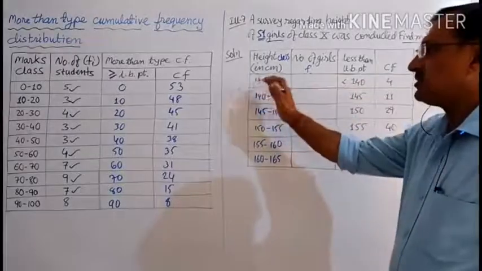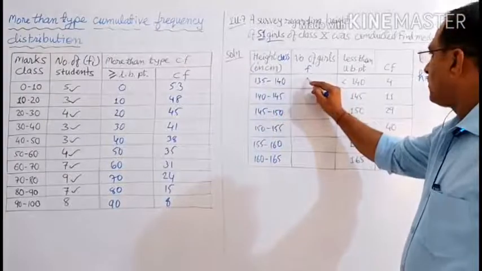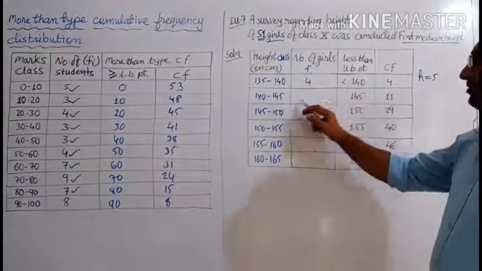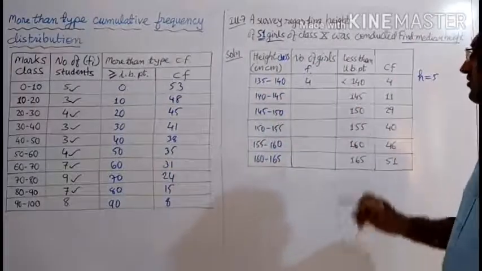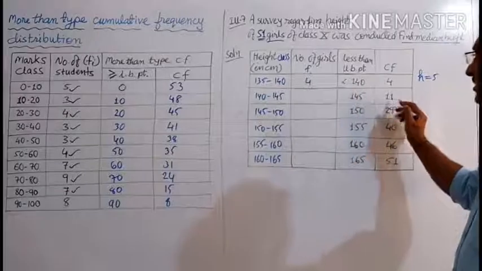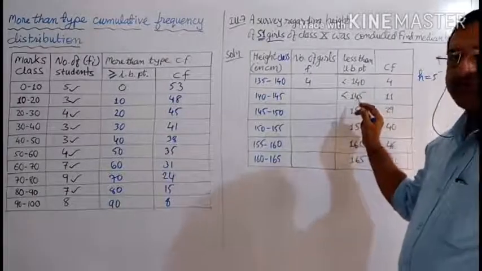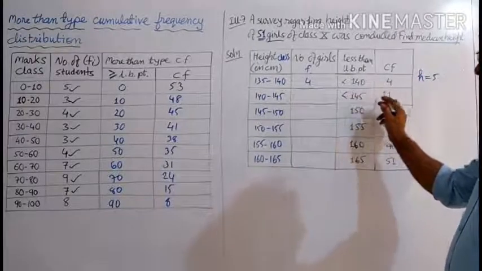Nobody is having height less than 135, so all the 4 students are in this range. Now less than 145, but not less than 140. All the girls having height less than 145 centimeter is 11, but out of that 4 students are having height less than 140.